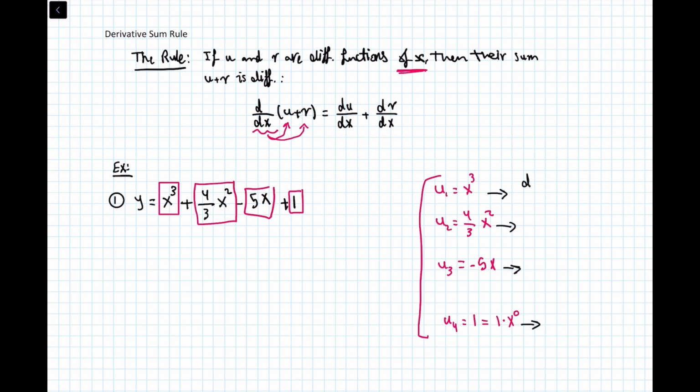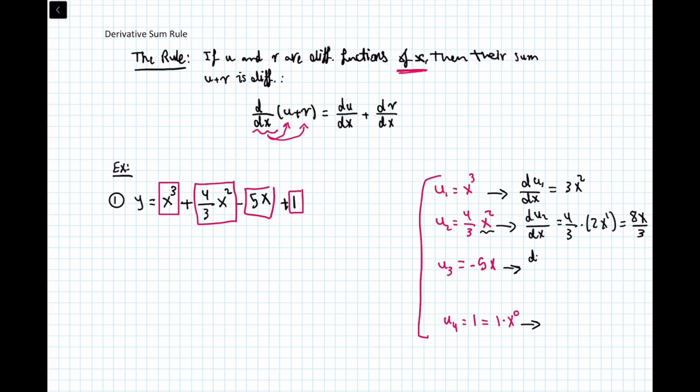So the derivative of u1 with respect to x is 3x squared. The derivative of u2 with respect to x: 4 over 3 is a constant, and then we multiply by the derivative of x squared, which is 2 to the power of x1, which is 8x over 3.